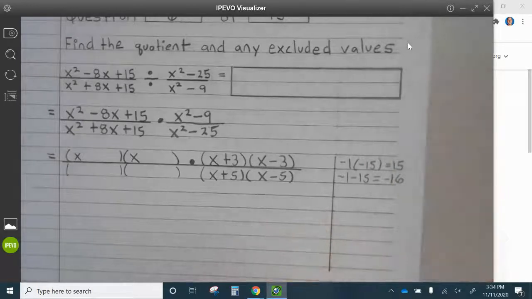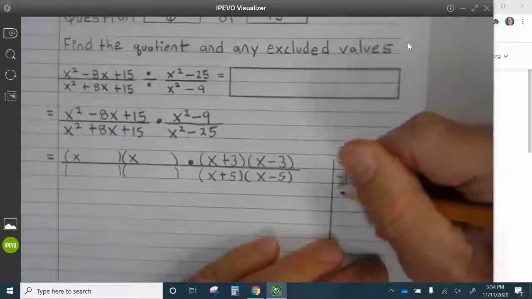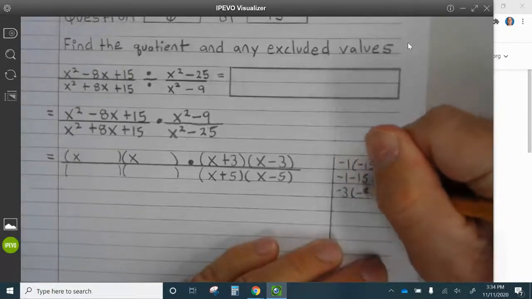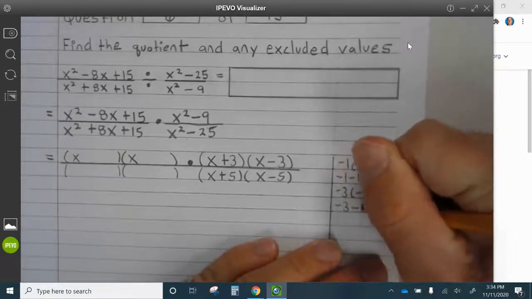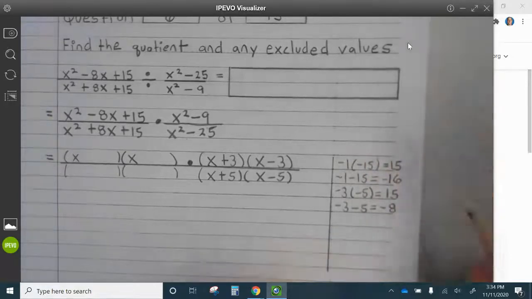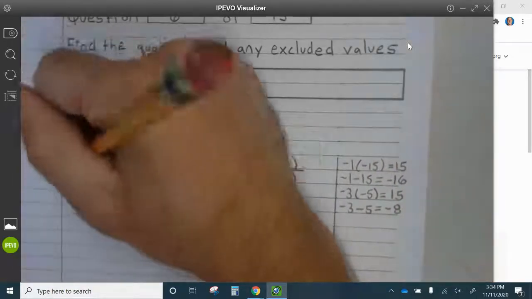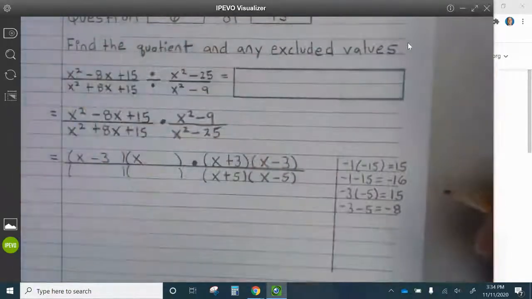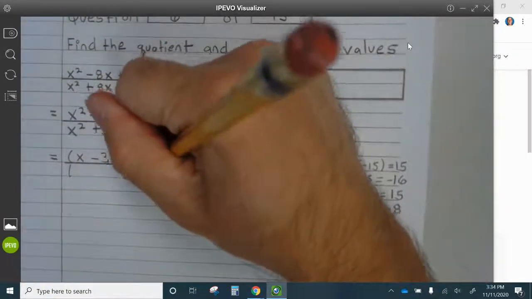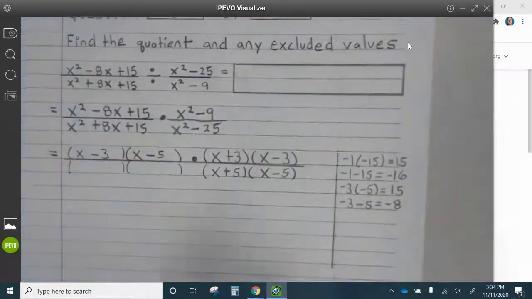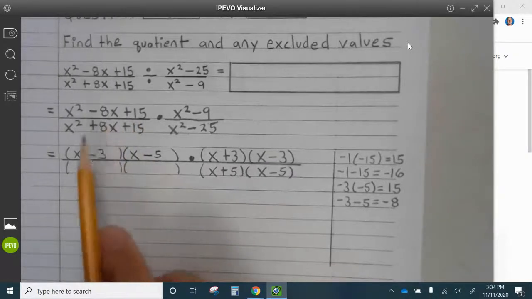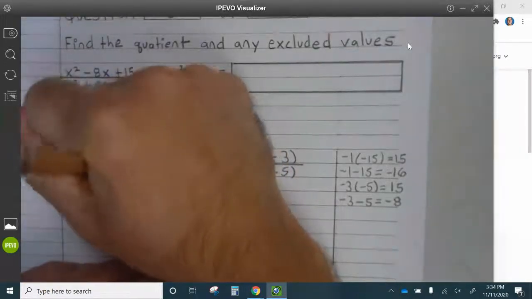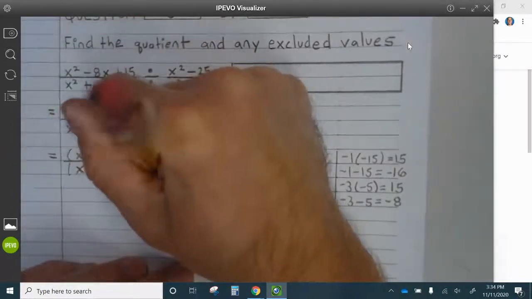That didn't work. 2 doesn't work. 3, -3 times -5 is positive 15. -3 minus 5 is -8. We have our 15 and -8, so our factors are x minus 3 and x minus 5. Now, in essence, a -3 times a -5 gives you 15. -3 combines with -5 is -8. Since that's a positive 8, this one's simple. It's just x plus 3, x plus 5.